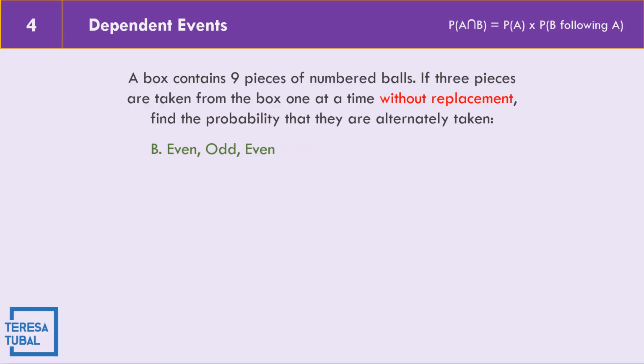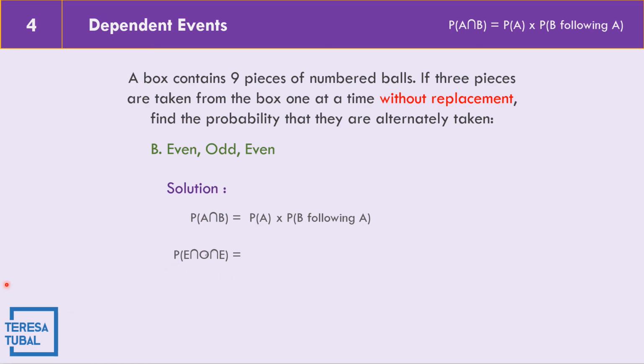How about the probability of even, odd, and even? The formula is the probability of A intersection B, equal to the probability of A times the probability of B following A. As you can see, we have even intersection odd intersection even. In an even number, we have 2, 4, 6, 8.